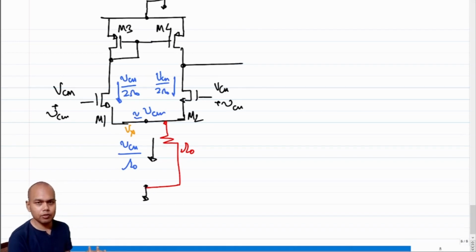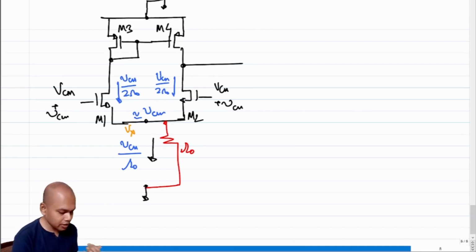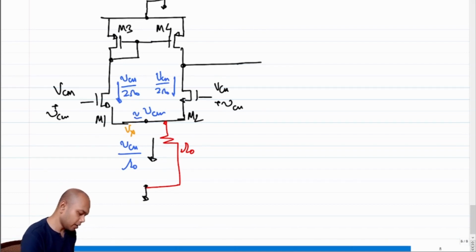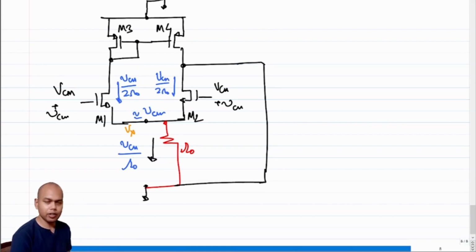We already found out the differential equivalent of this architecture. Differentially, that equivalent transconductance was the gm of M1. We now are trying to figure out the common mode response of this architecture. So in order to do that, let's incrementally short this also, because otherwise we would like to normalize everything in the end.